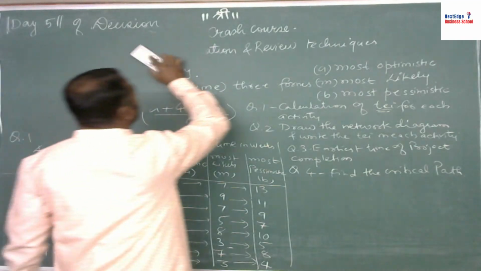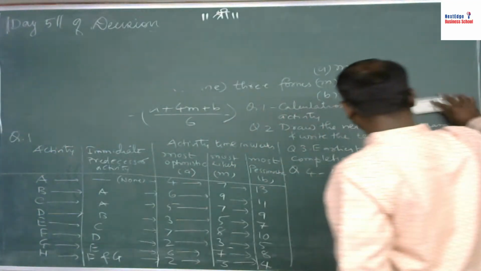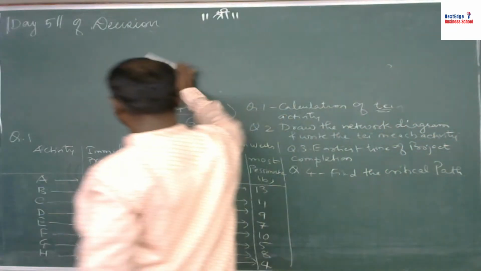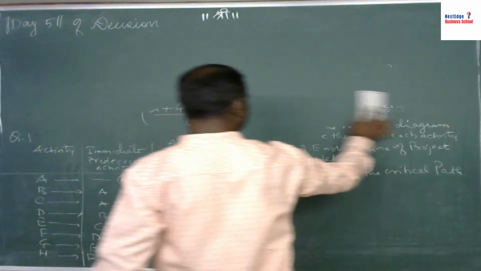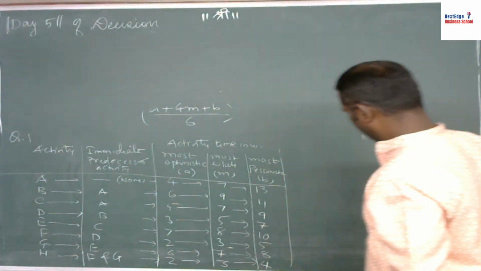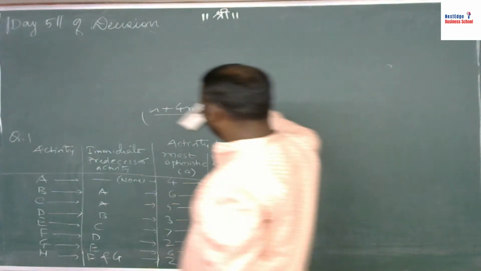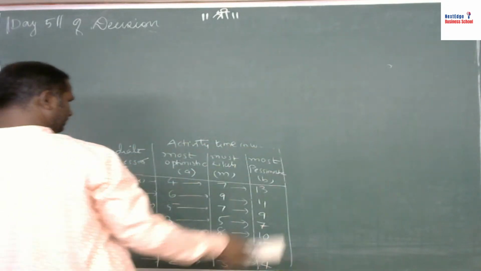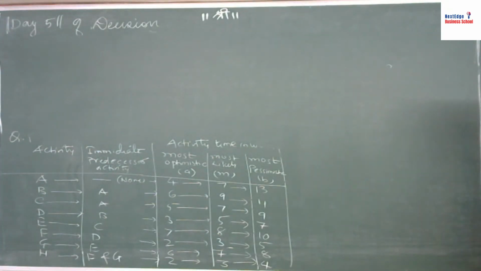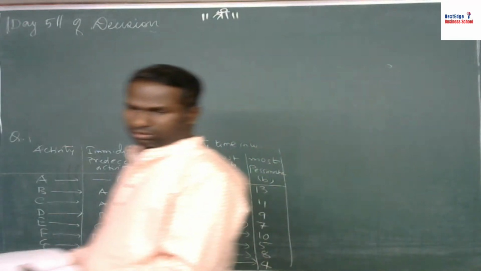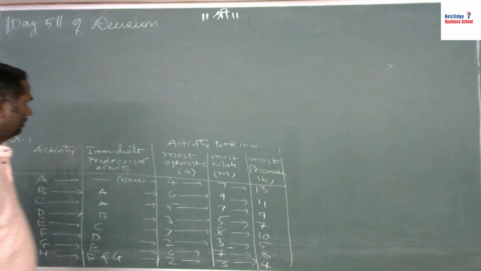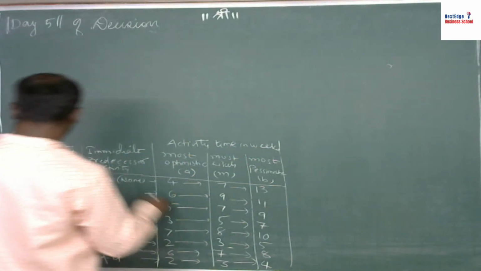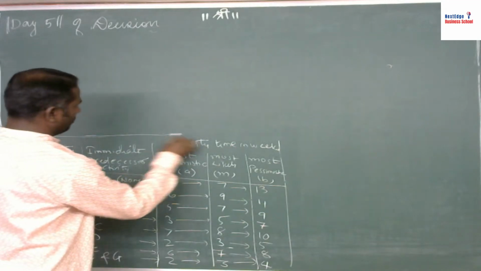Okay, perfect. Well, we can calculate these all things here also because we have space in the given table, right? So activity time in weeks, we can do the calculation here also, so no issues, right?